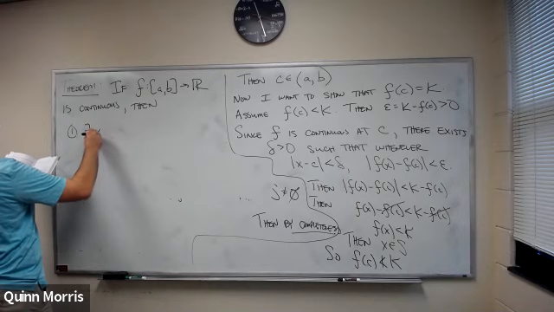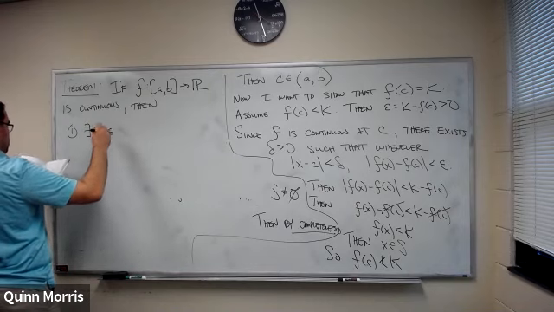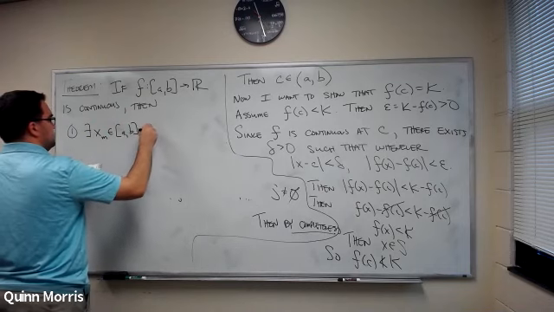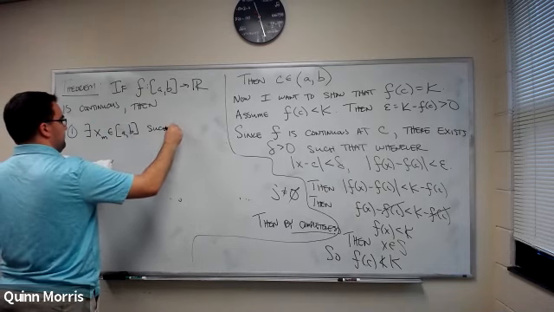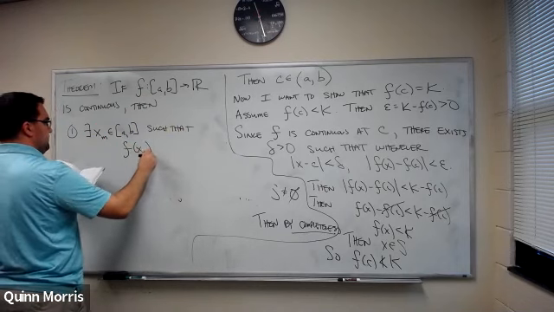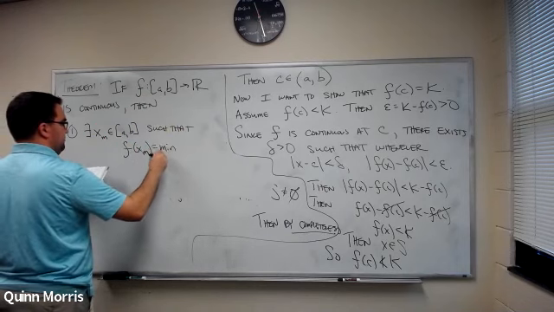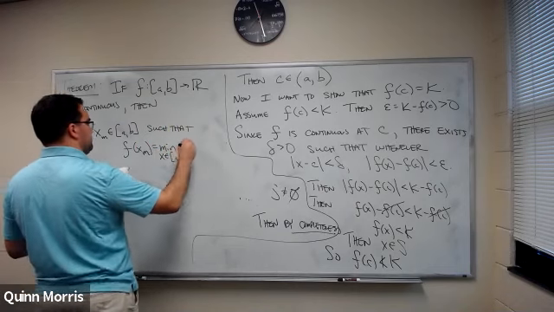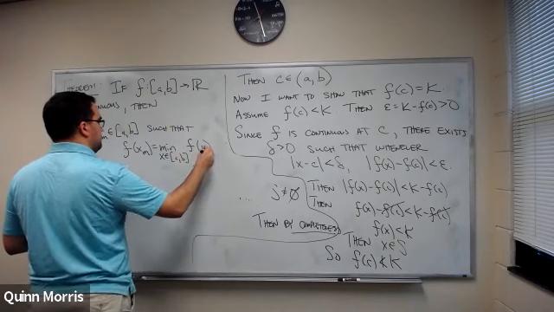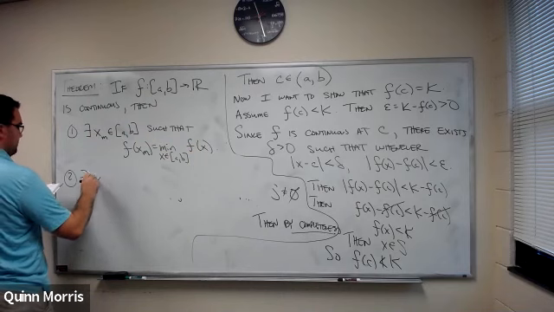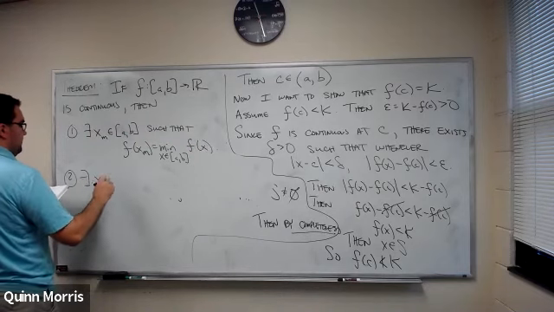There exists an x sub m, little lowercase m, in the interval AB, such that f of x sub m is equal to the minimum value the function achieves on the interval AB. And the second one is essentially the same for maxima, so we call this x sub capital M.